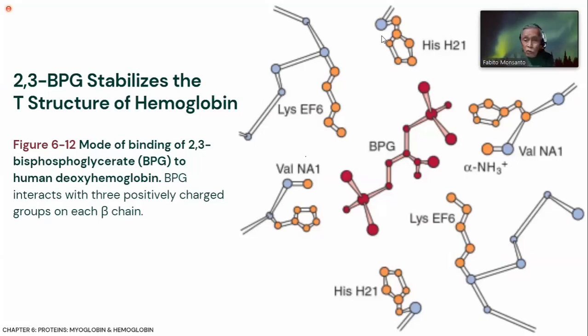Approximately, there are 240 hemoglobin molecules per red blood cell. So you can just imagine how many hemoglobin per RBC. That's why it has to have space, and all of the organelles have been removed.